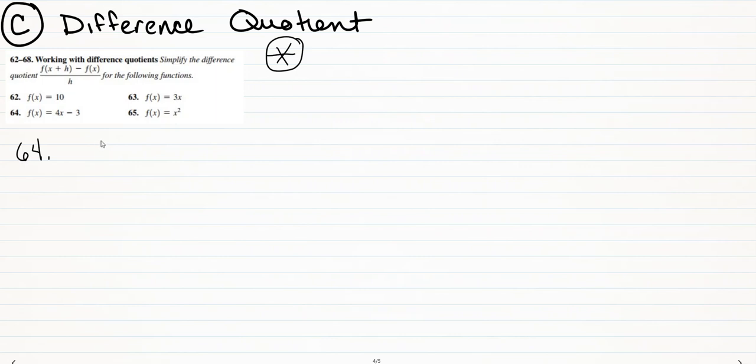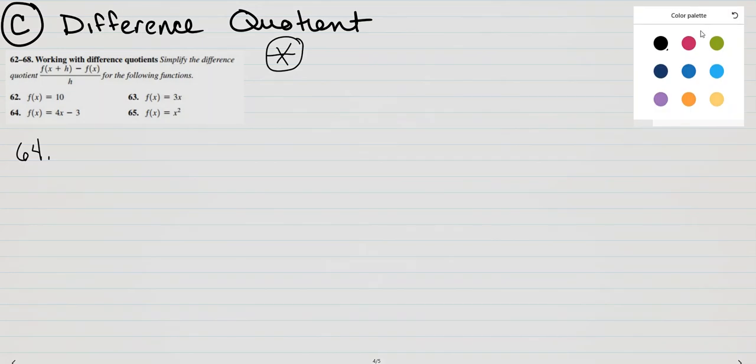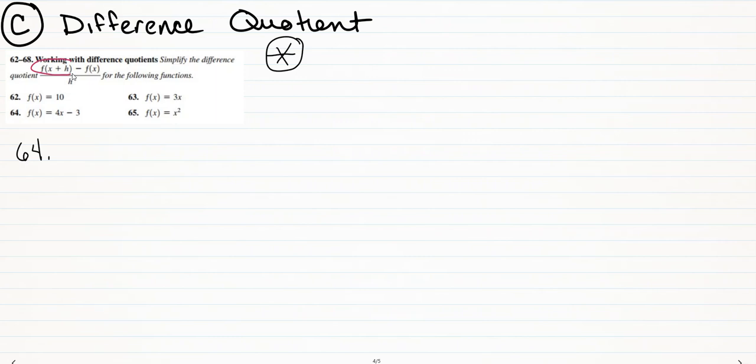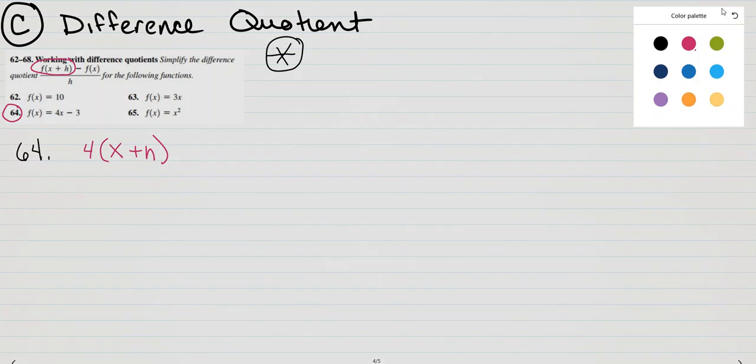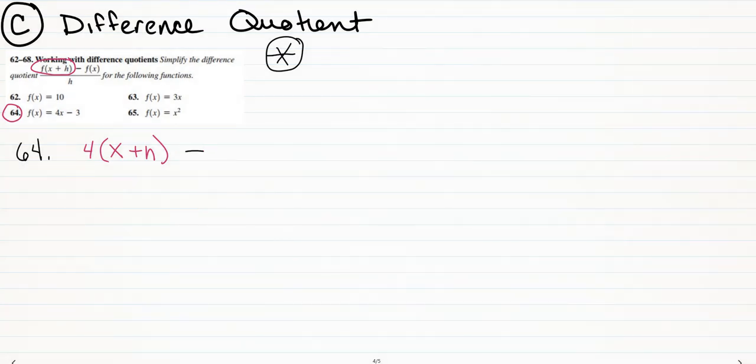Now I'm going to use a different color for the f of x plus h, and then a different color for f of x. But f of x plus h, if we're doing number 64, that would be 4 times, in place of x, I'm going to put x plus h, minus, and then for f of x, we'll have 4x minus 3.